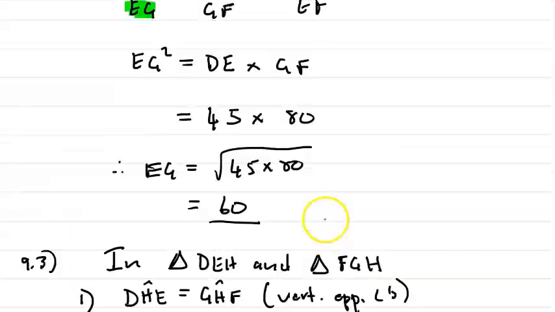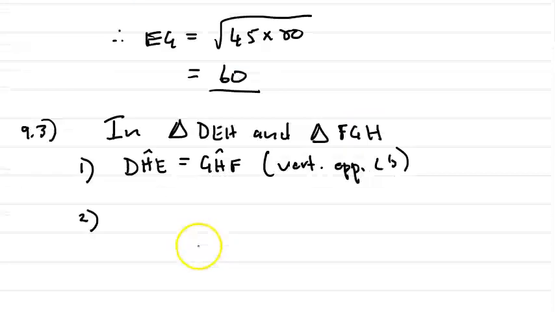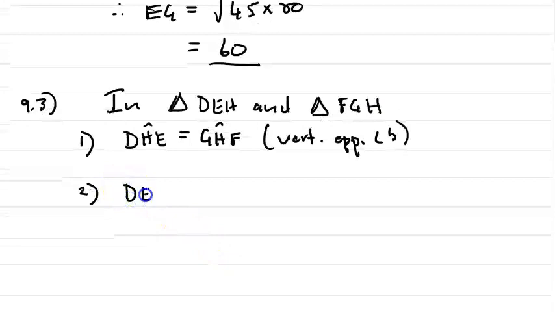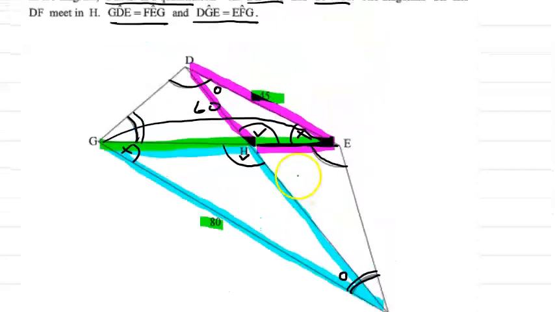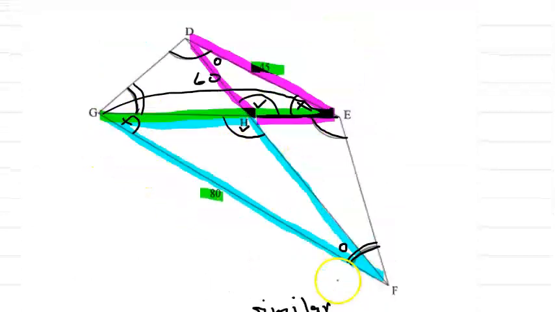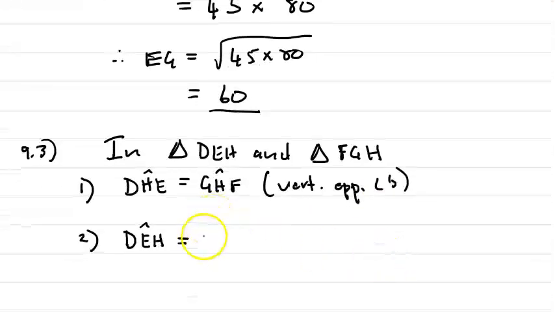Our second statement will be that DEH is going to equal, so remember the cross and the cross, H, G, and F. It's HGF.